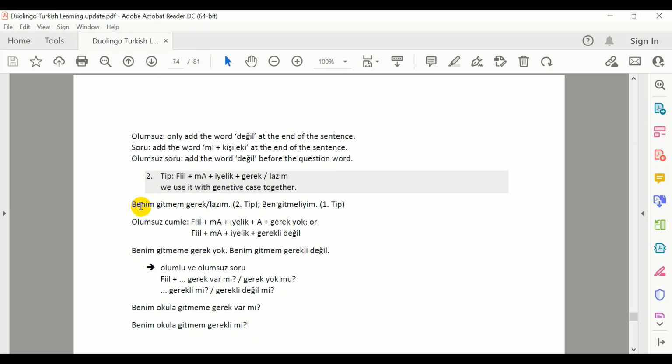Here, benim gitmem gerek or benim gitmem lazım. Or when you don't remember this structure, easily say ben gitmeliyim.